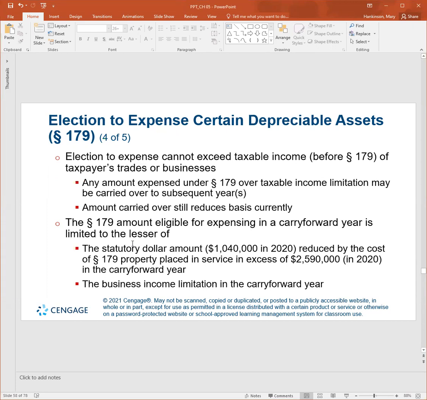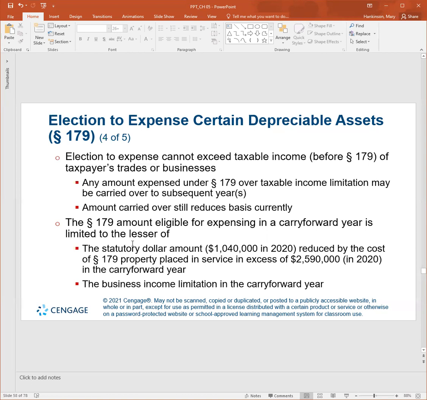Property placed in service threshold. The Section 179 deduction is restricted to smaller businesses. This restriction is achieved by reducing the ceiling amount dollar for dollar when Section 179 property placed in service during the year exceeds a specific amount.